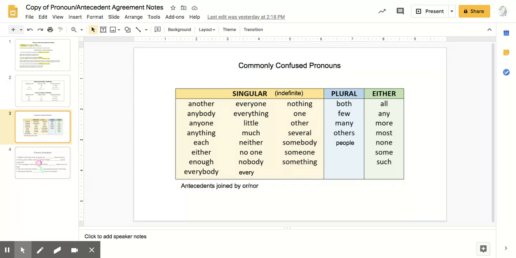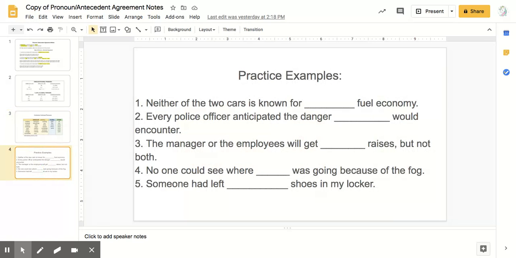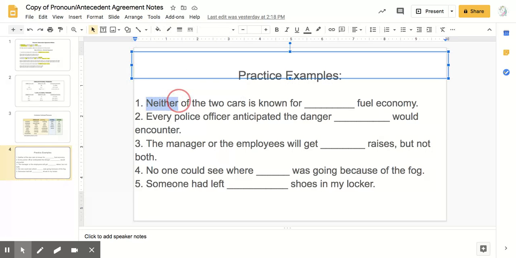So we're going to come over here, and I need a singular pronoun to fit right here. We're not going to say their, because even though you see cars, we're looking at neither, and this means it's singular. So neither of the two cars is known for. This is where I'm going to put a singular pronoun, and it's possessive because of the fuel economy, so I'm going to say its.